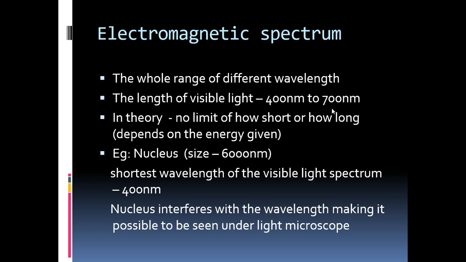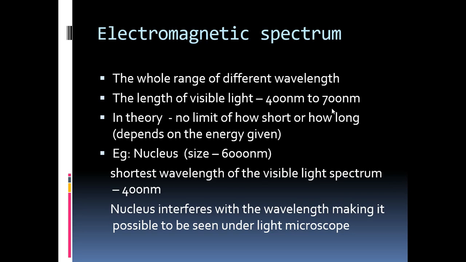This is because the size of the nucleus is about 6,000 nanometers on average. And the shortest wavelength of the visible light spectrum is 400 nanometers, right? So the size of the nucleus is large enough to interfere with the wavelength of the visible light, causing it to be reflected back to our eyes to be seen.